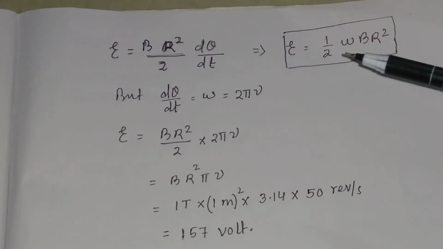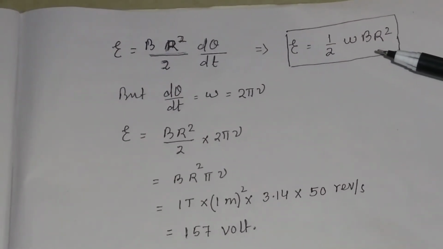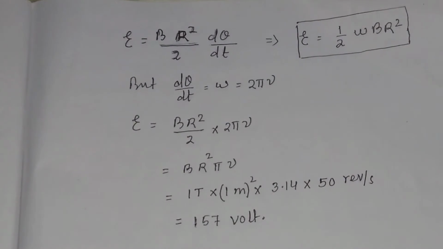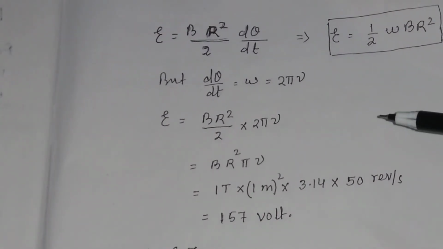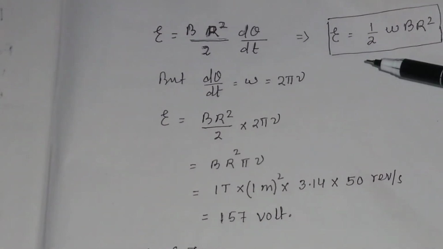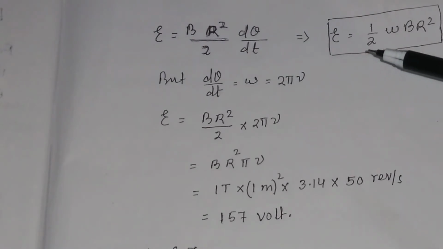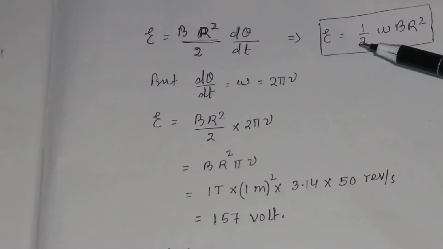So half into omega into B r square. Remember, when a metallic circular wire is rotated in a magnetic field B, the induced EMF will be equal to half omega B r square. You have to remember this formula.